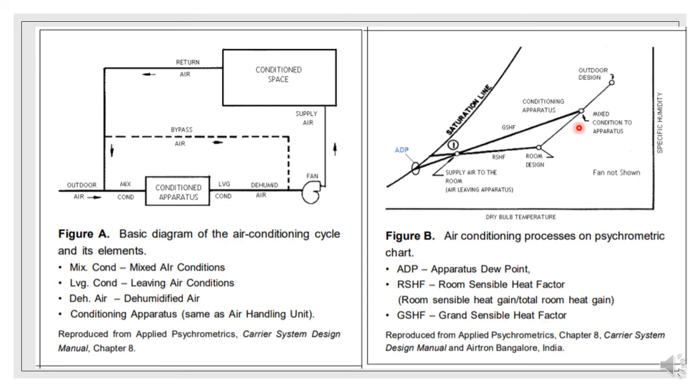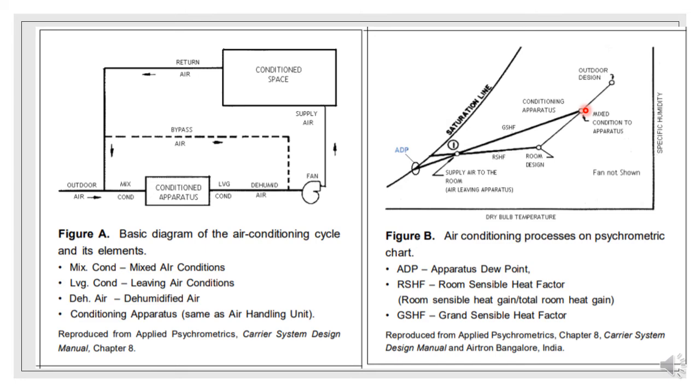And to understand this, here we have the room condition, so you already know the temperature and the relative humidity of the room, so you can plot it. We also know the outdoor condition, the relative humidity and also the temperature, so just plot it. Now connect these 2 points, and we also know the proportion of the return air and the outdoor air.